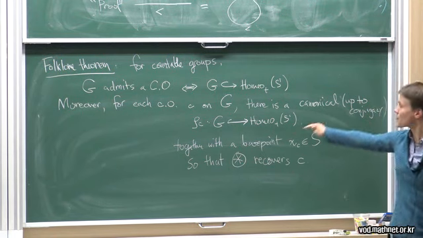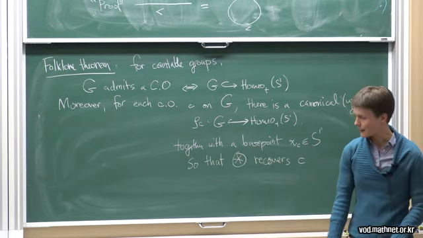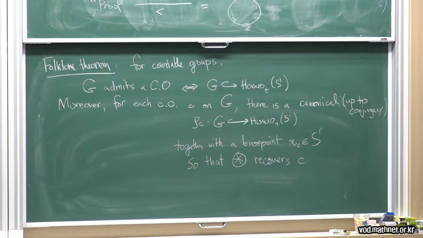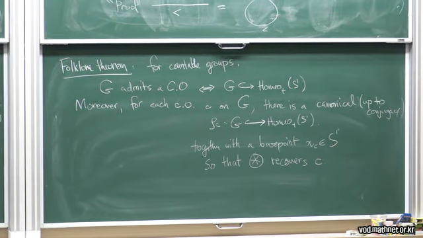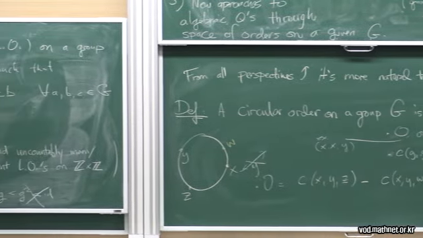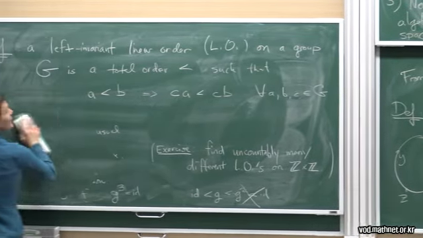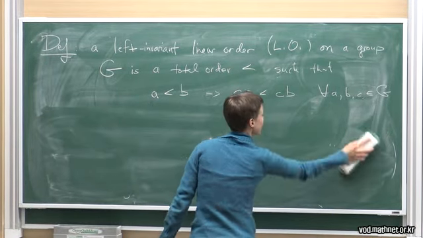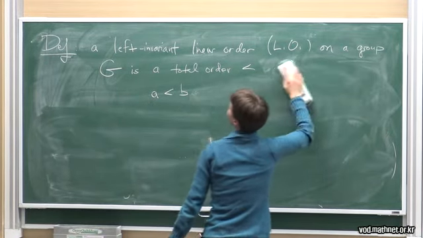And let me just prove this moreover part, because I think it gives you a really nice handle on how to think about these things. So we can forget about linear orders for the moment. They've been subsumed by circular orders. They have a bigger playground to play in.